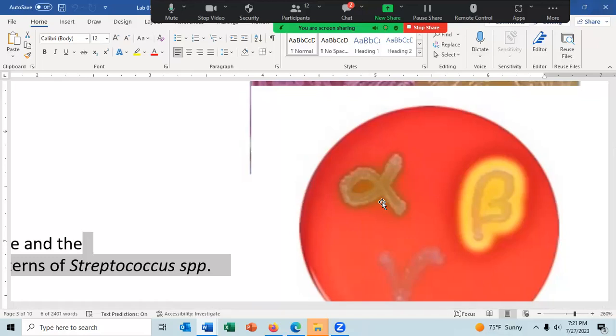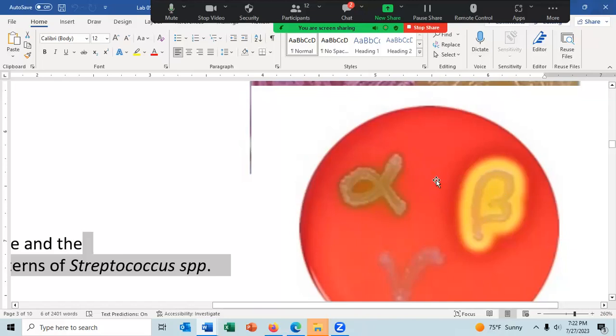All right, the third example is shown here, and the bacteria is white on the B or beta here. And then this clear region around the B or beta is the complete hemolysis of blood, and that we call beta hemolysis, the complete lysing of blood. If you were to hold this plate up to the light, you could actually see the light bulb in this region of the plate.